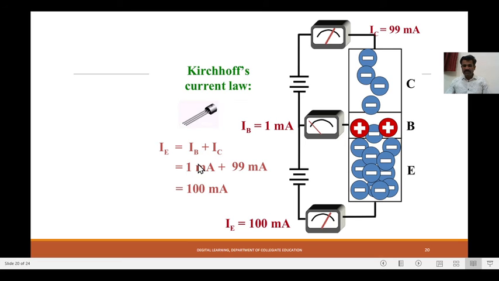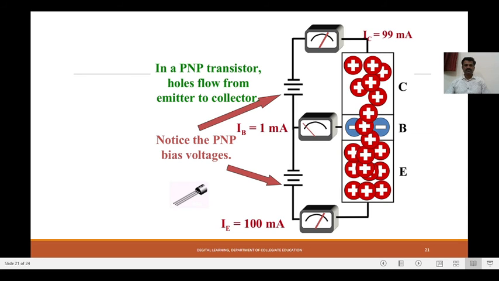So 1 milliampere plus 99 milliampere gives 100 milliampere, which is the current supplied by the emitter. How many carriers get generated across the emitter can be calculated by using IB and IC. So Kirchhoff's law is applied for this transistor circuit.